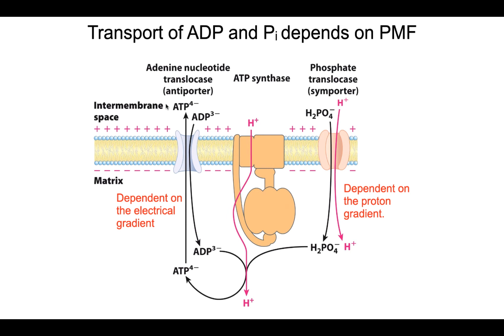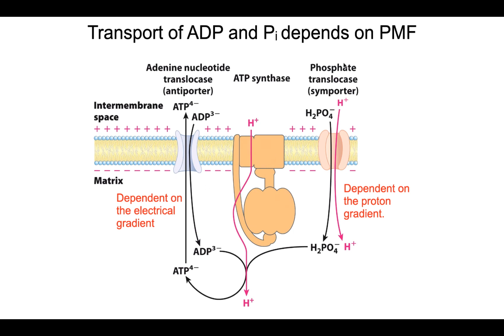And that's what this adenine nucleotide translocase takes advantage of. It moves ATP that's being generated in the matrix out, and in so doing allows ADP to move in. That's a negative charge moving out, and so that's exergonic, and that's what fuels these movements here.